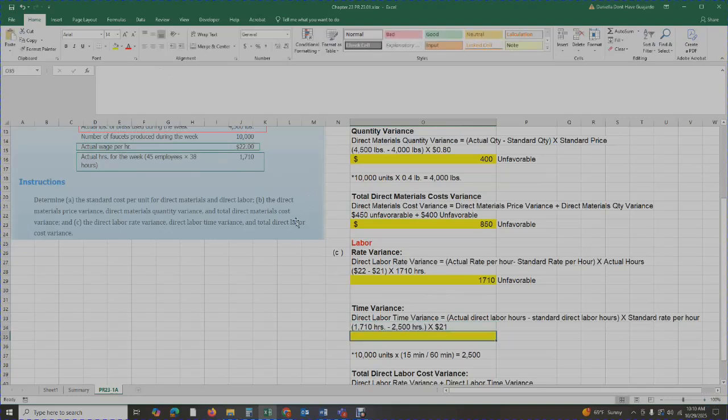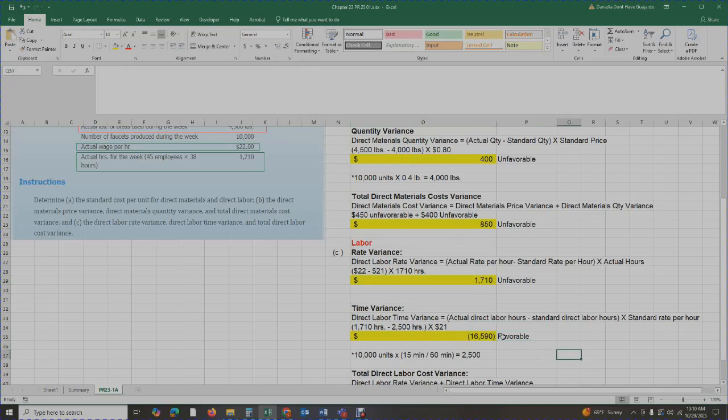Okay, now let's do the math. 1710 minus 2,500 times 21. So now it gives me a negative amount, okay? If you get a negative amount, that means that it is a favorable variance.